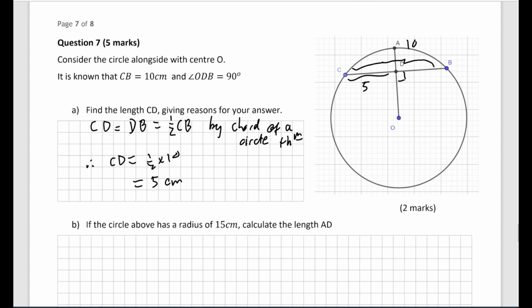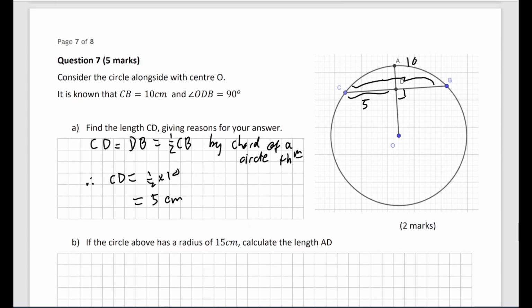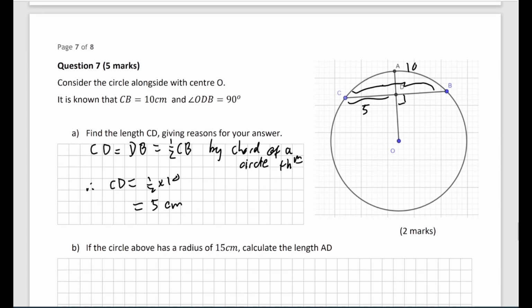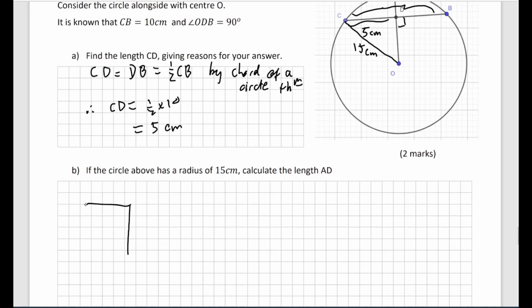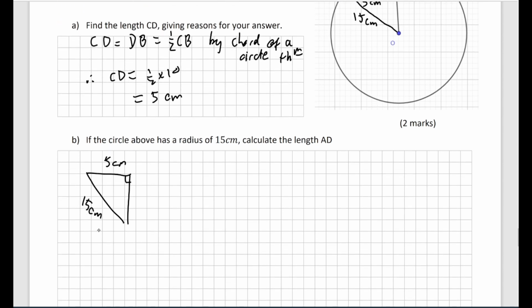If the circle above has a radius of 15 centimeters, calculate the length of AD. Okay, so we'll do that. The radius is 15 centimeters. And so we have a situation like this where we've got a triangle and we've got 5 centimeters along there, 15 centimeters along there, and we've got a right angle. Then we label this triangle as C, B, and A, and C squared equals A squared plus B squared based on Pythagoras.